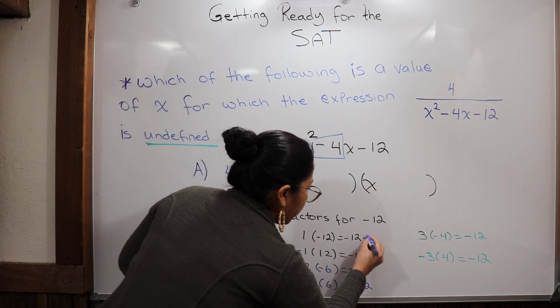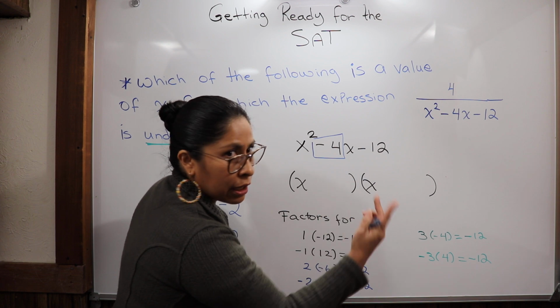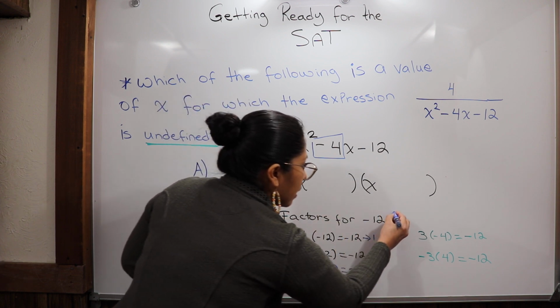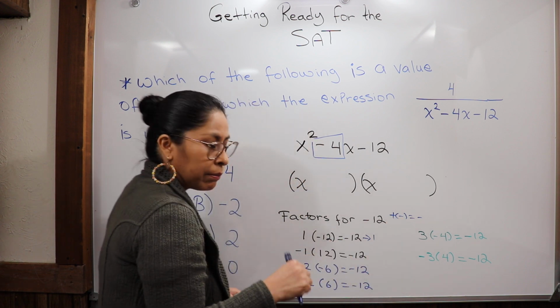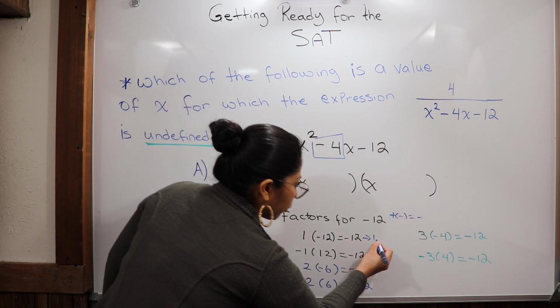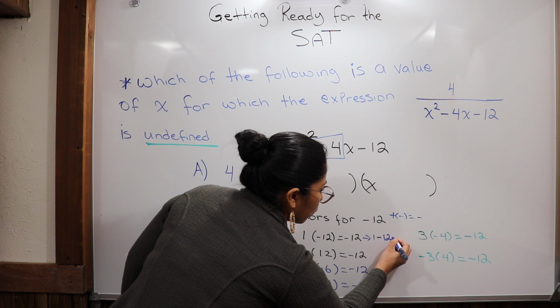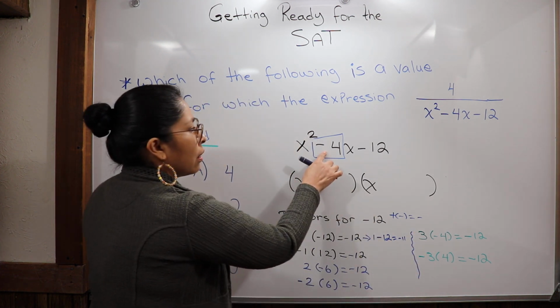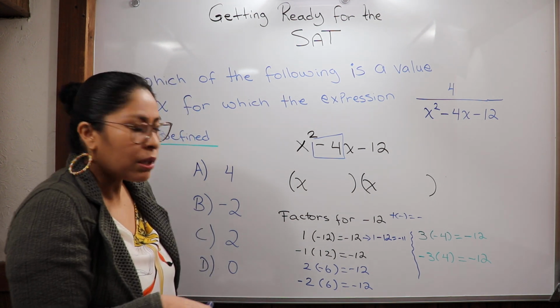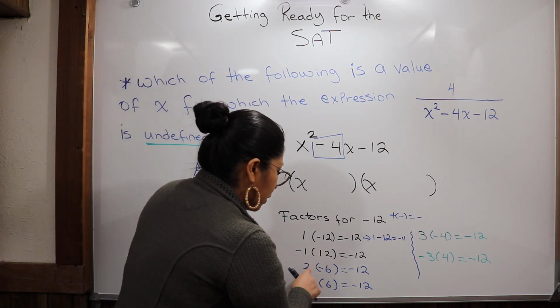So if I add 1 plus negative 12, it's going to be 1 minus 12. What is 1 minus 12? It's going to be negative 11. Negative 11, I'm trying to get negative 4. So this one doesn't work. I move to the next 2.